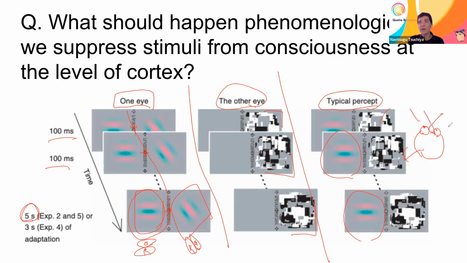And then using a mirror, you can show some kind of display like this. This looks like this to the left eye, and to the right eye, you show something like this kind of thing. And then this right side is flashing at 100 milliseconds.